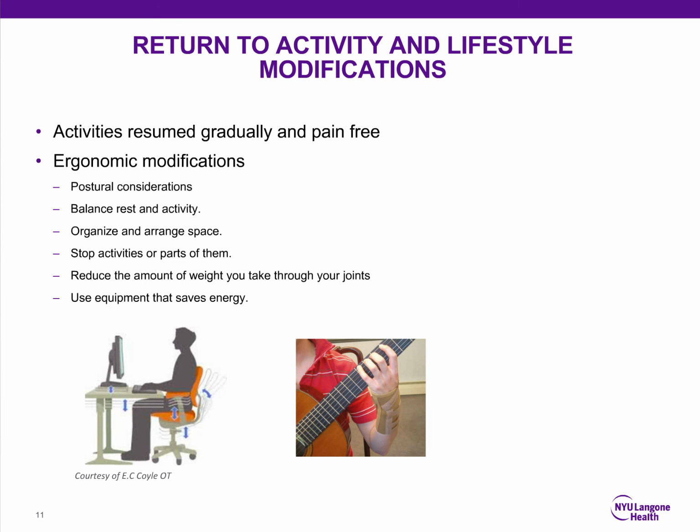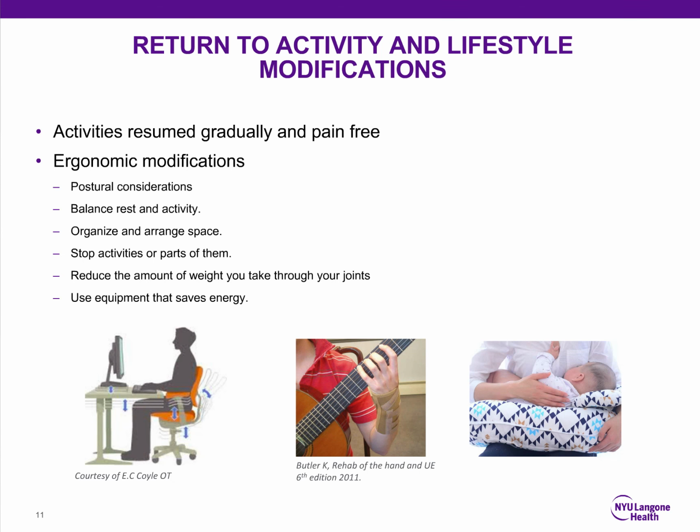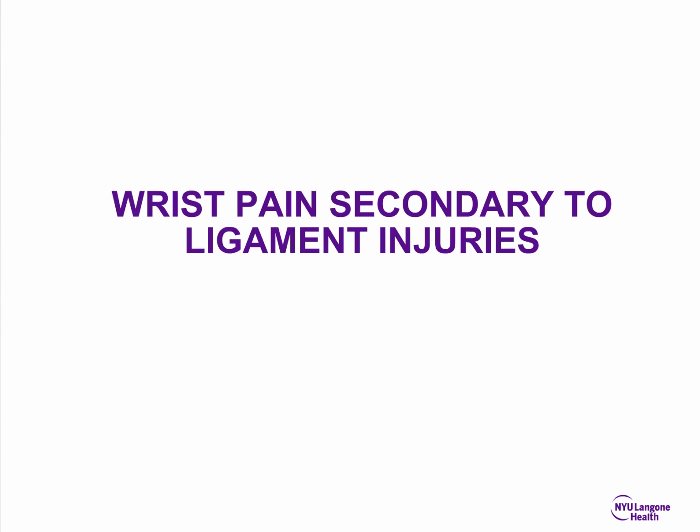Musicians are another patient population that may need assistive equipment or instructions about technique and posture. And finally the mummies, the new mummies that develop De Quervain's tendonitis, they may need some indications to use their wrist in neutral and have some adaptive equipment.